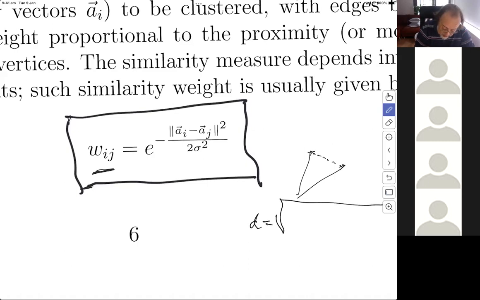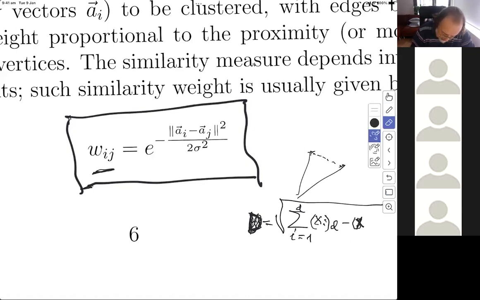It's the square root of the sum, i from 1 to the number of dimensions, let me use capital D here, of the coordinates of point x minus point y. Well, let's not use indices here.